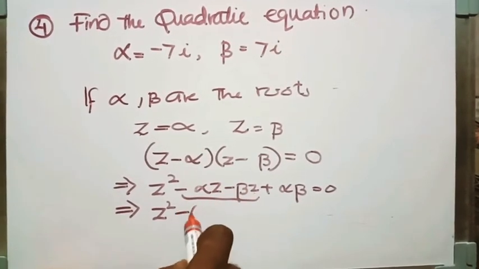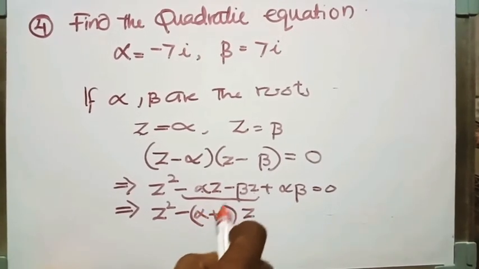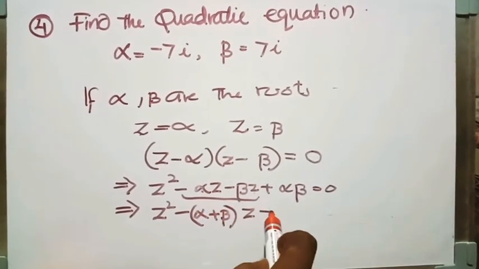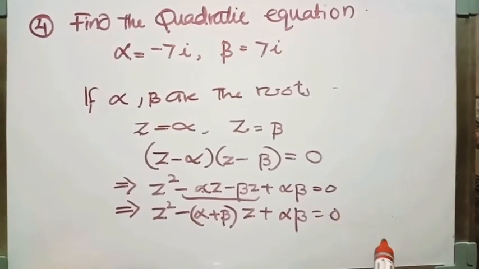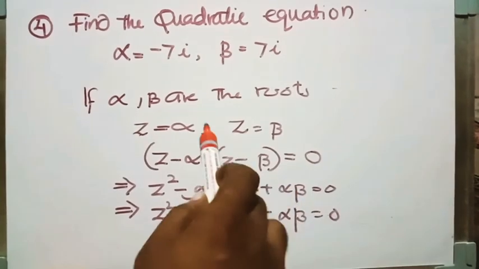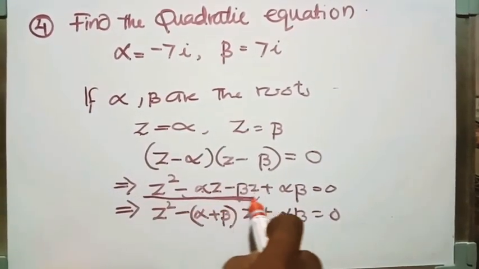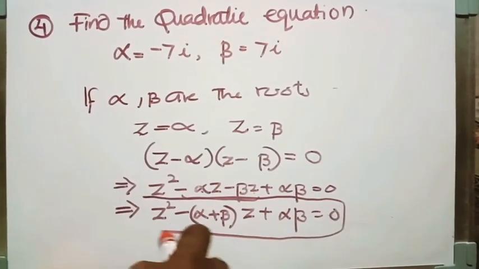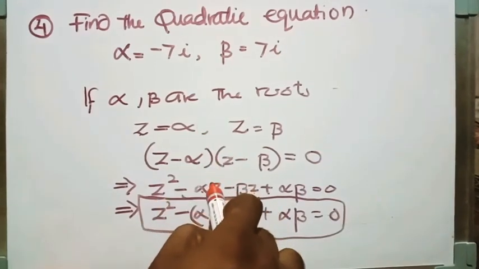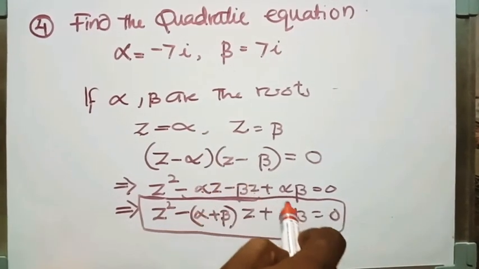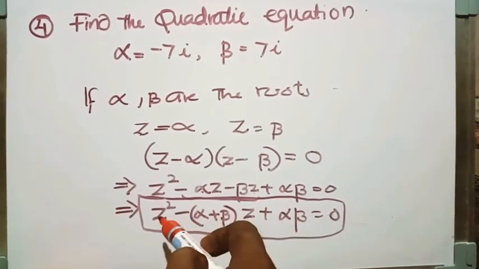If you take minus z as common, the remaining is alpha plus beta, plus alpha beta is equal to 0. So instead of using all these steps in each and every problem, you can use this equation directly. You don't need to do all these things in every problem. That causes confusion and is time consuming. So let's use this formula directly.